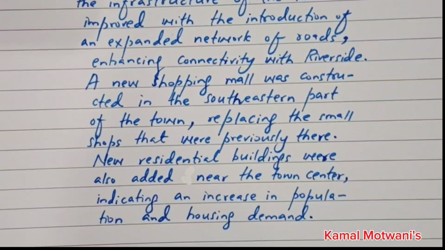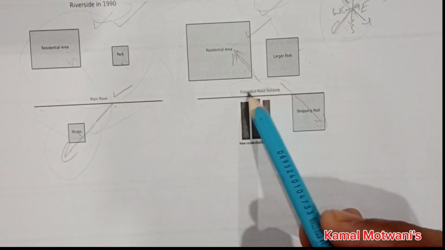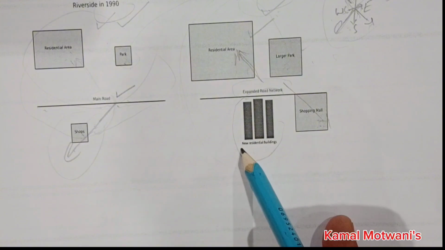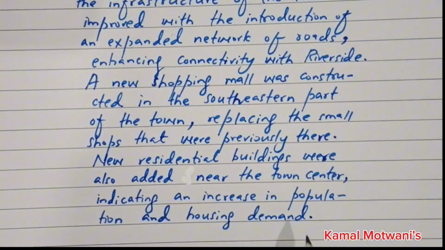Okay, then new residential buildings were also added near the town center. New residential buildings, there is an addition, the addition of new residential buildings. Here it is written new residential buildings, those were added in Riverside in 2020, indicating an increase in population and housing demand.